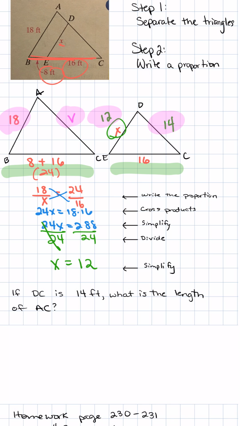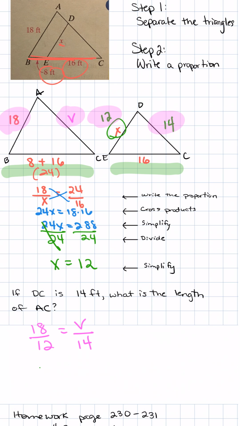So 18 is the same as 12, and V is the same as 14. Cross multiply.